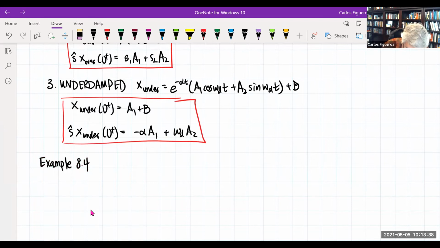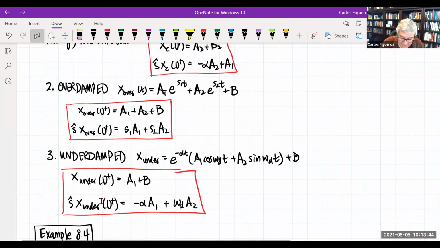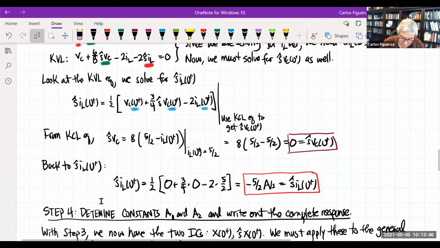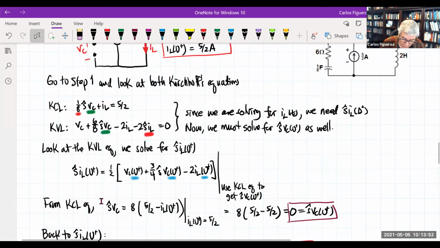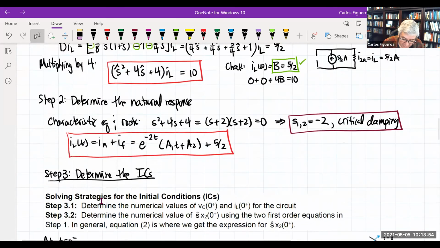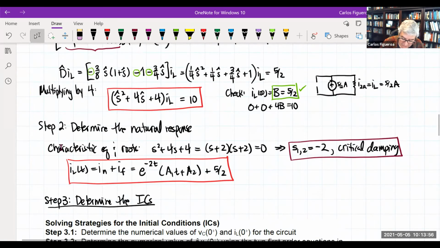So if I look at this example here, assuming that my stuff is right here. I know that my solution to this thing, we wrote down, where did we write it down? We said that this guy was critically damped. So we got critical damping here.